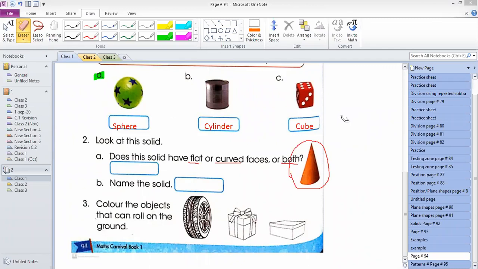Cone has two faces. One of the faces of the cone is curved and one is flat. So it has both faces, curved and flat. That's why you will write both. Clear?